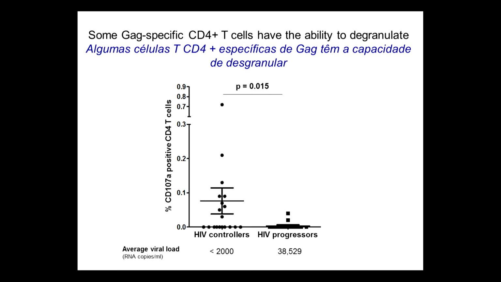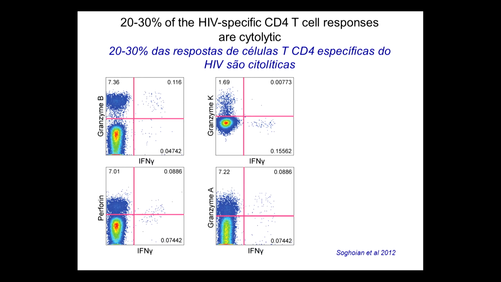And indeed, when we look by flow plot, the HIV-specific GAG responses of the CD4 T cells contain, to a certain extent, granzyme B, perforin, and granzyme A. So they are carrying those effector molecules that are associated with cytolytic activity.